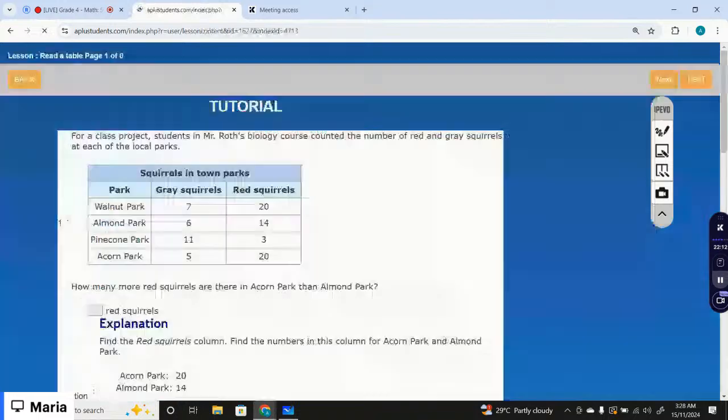Let's see how we read the data from the table. For a class project, students in Mr. Roth's biology course counted the number of red and gray squirrels at each of the local parks. How many more red squirrels are there in Akron Park than Almond Park? So, which is the correct option?